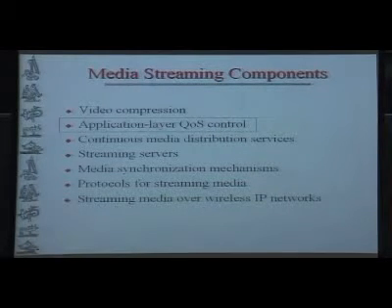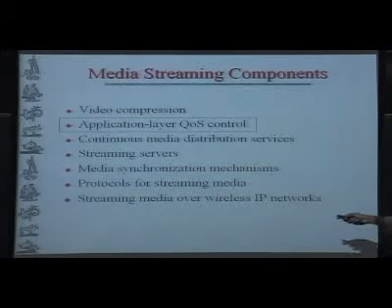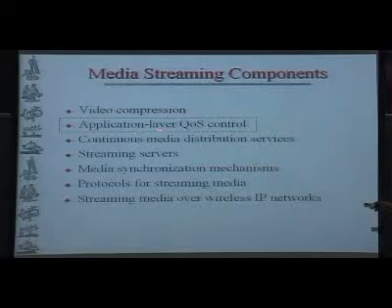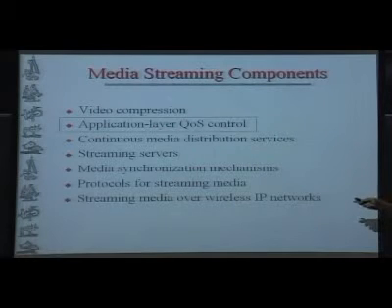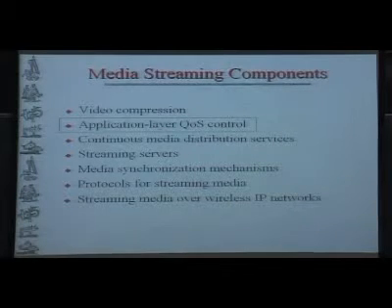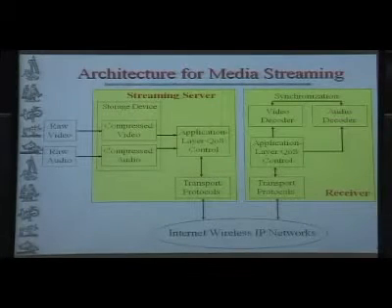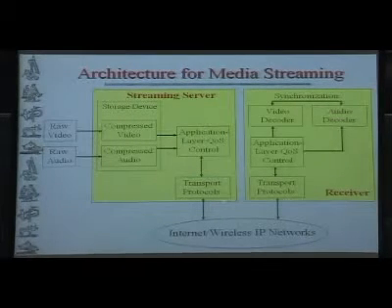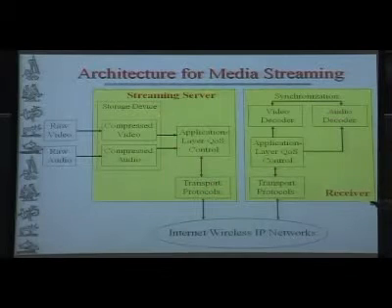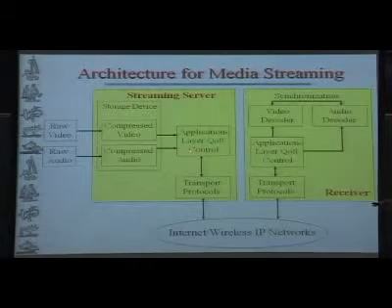We talked about the video components already, so maybe the most important thing in here is the application layer quality control. We're very familiar with all this. We know what this is doing, we know what this is doing, so the rest is just good.